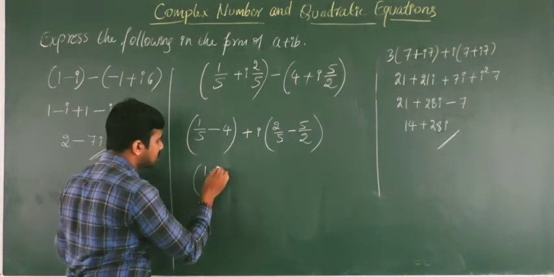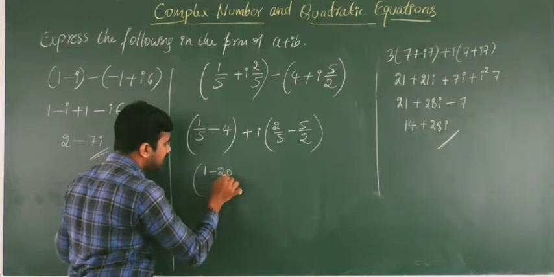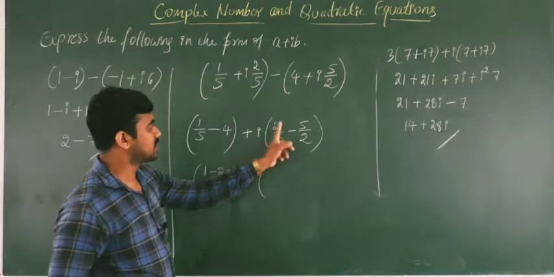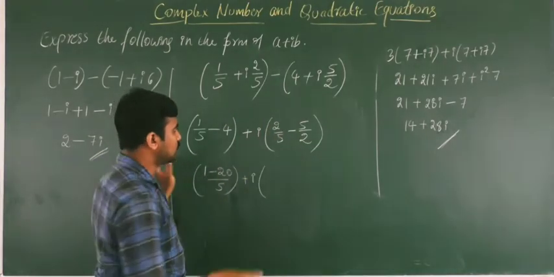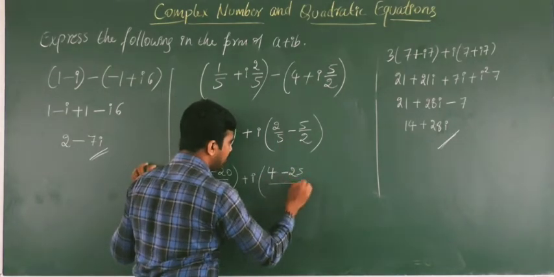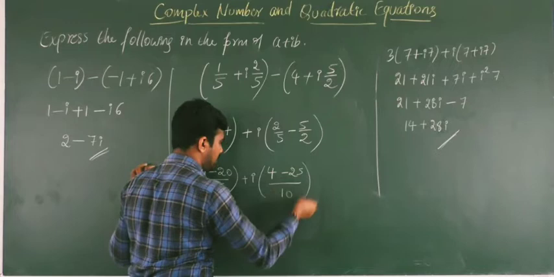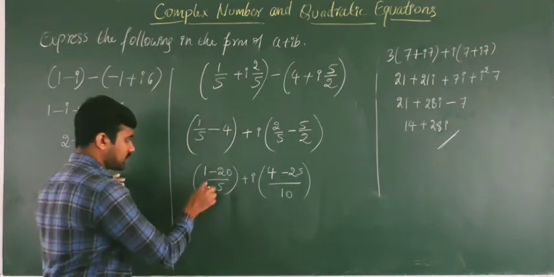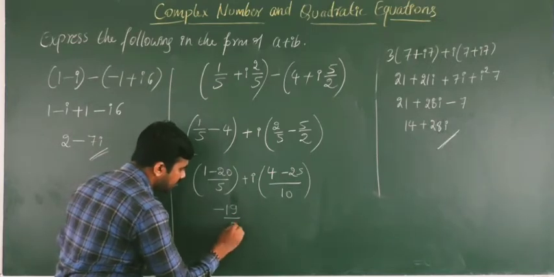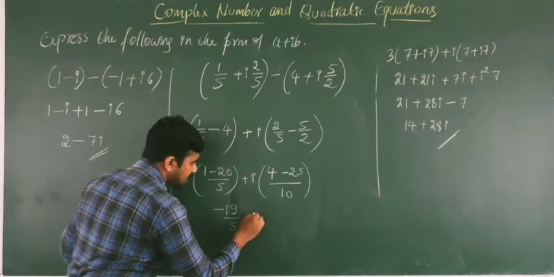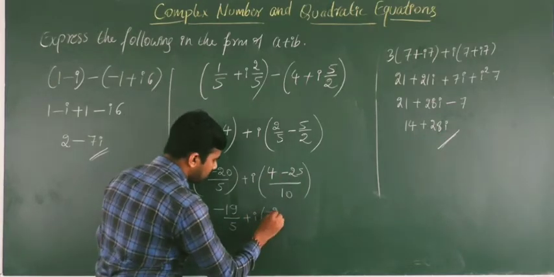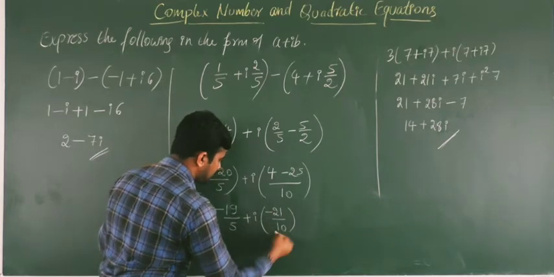So 1 minus 5 4s are 20, divided by 5, plus i into, take the LCM here also or cross multiply: 2 2s are 4 minus 5 5s are 25, divided by 5 2s are 10. So now 1 minus 20 is minus 19 divided by 5, plus i into minus 25 plus 4, that is minus 21 divided by 10.